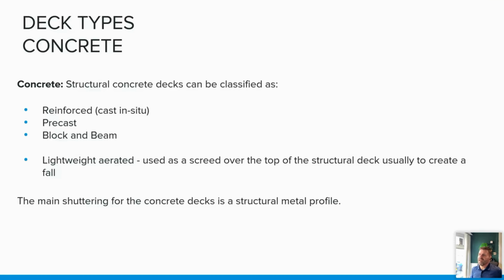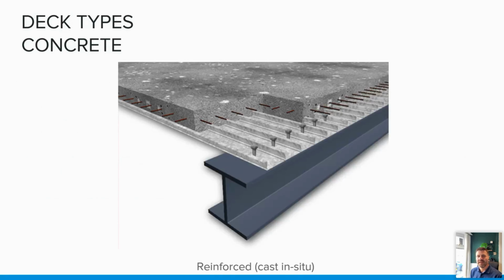Okay, so onto concrete. Structural concrete decks are reinforced, precast, block and beam, and then there's lightweight aerated screeds that can go over the top, usually to create a fall. When it comes to casting the concrete in situ, shuttering is usually metal shuttering.